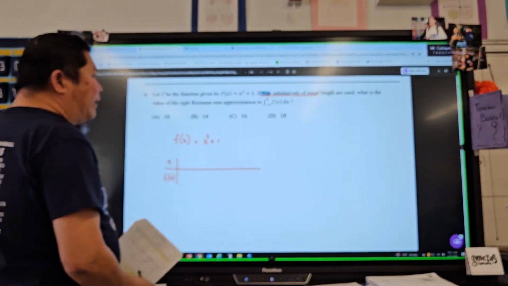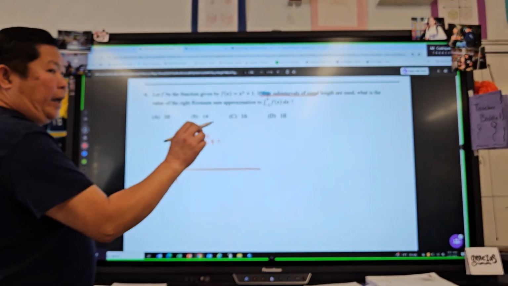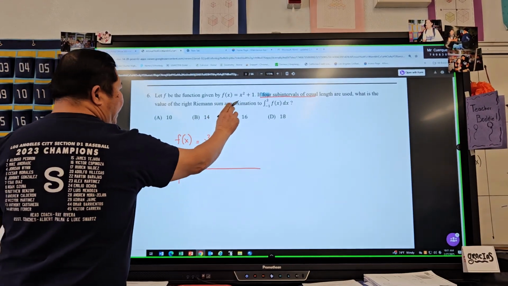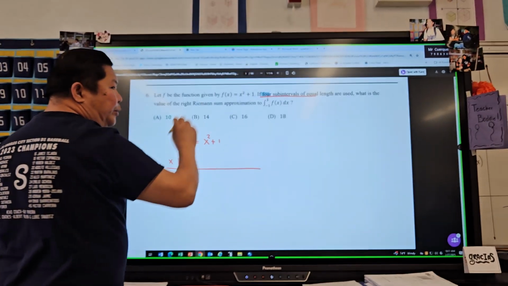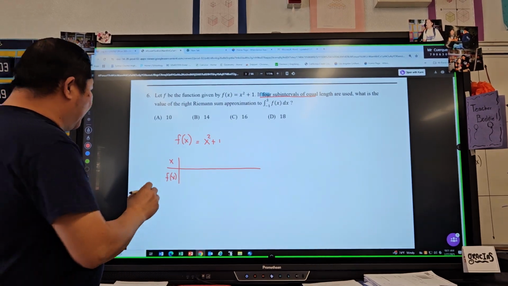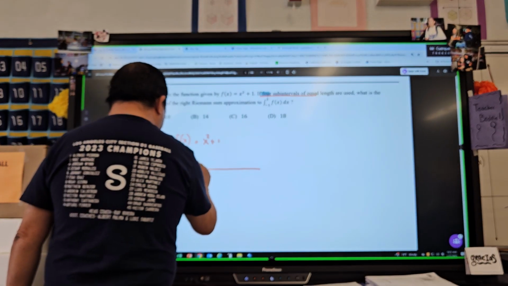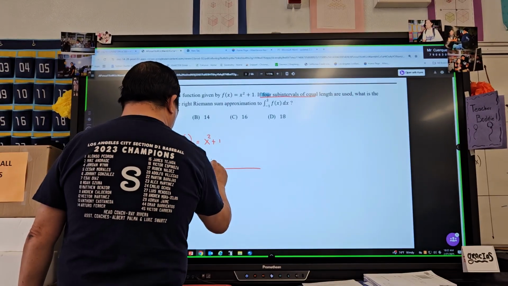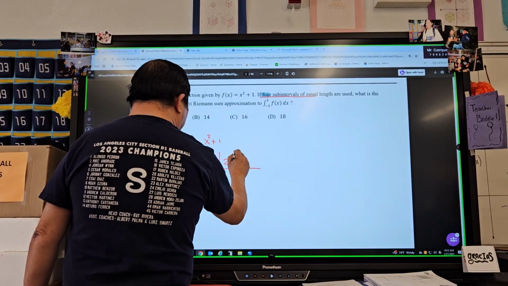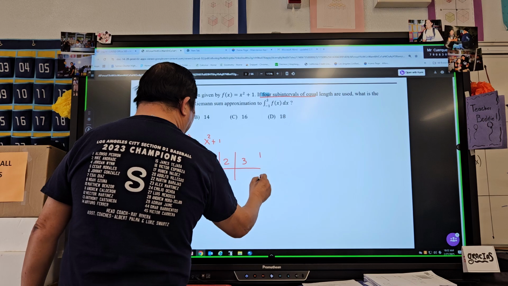And then we assign values of x inclusive from -1 all the way to +3. So we say -1, 0, 1, 2, and then 3, right?